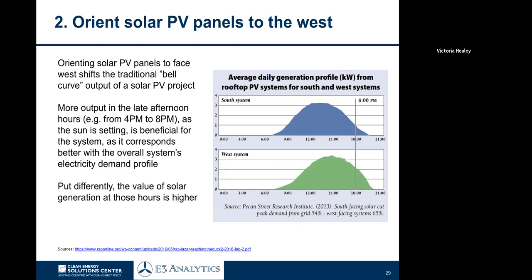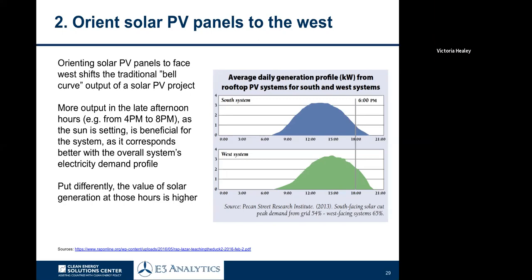Another way to do this is through price signals. Obviously, if solar projects are exposed to market prices and market prices are higher in the evening hours, then it will make sense for projects to orient their panels a bit more westward so that they can produce more power when it's worth more. So this is all part of an ongoing discussion.